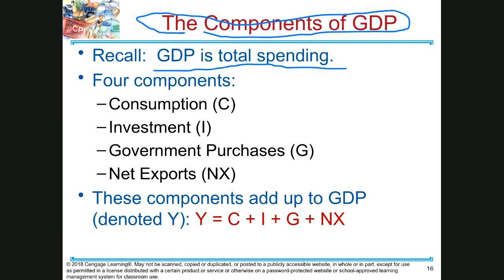Then we're going to branch it out into four. We're going to divide those sectors into four. One of them is households, we call it C, consumption. Another is investment expenditure, where firms go spend on equipment, land, technology, whatever it is. We call it I.